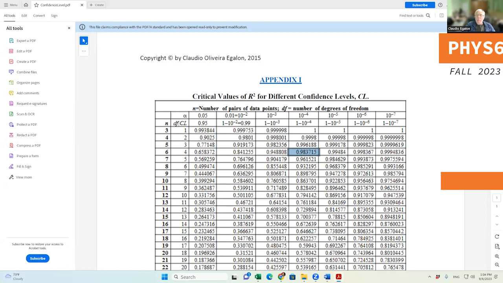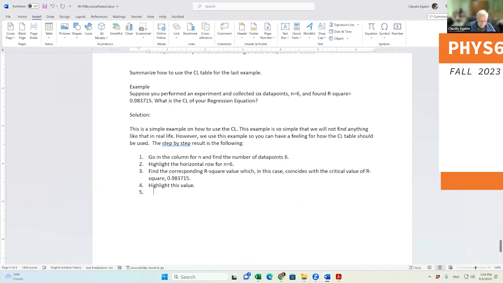To find the corresponding CL, highlight the column where the R square is located. Okay, column, don't forget, there is a column and there are rows, right? Highlight, there you go, the row. Highlight this cell.